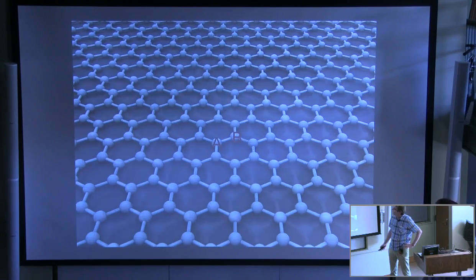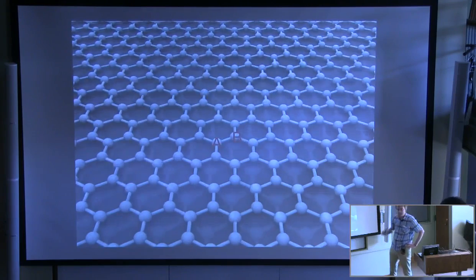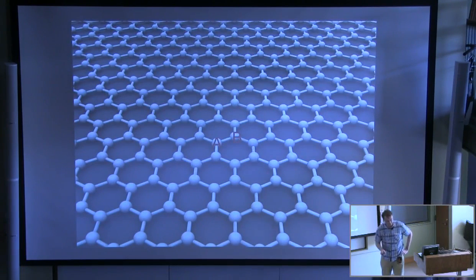And as you will see, we will also rotate this lattice, and that gives some additional non-triviality because it breaks time reversal symmetry.